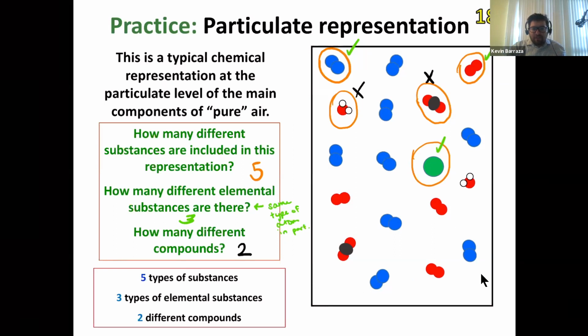A liquid would only be at the bottom, right? And it's pretty close together. Solid would be even closer, as well as probably have a specific shape, right? Liquids would ooze to fill the bottom of the container, but a solid, if it's like a rock, it's not going to fill out any of its container. But a gas, that's what I want to see you look for. It's filling the total volume of its container. So not only is it down here, but it's way up here, and that's something specific to gases.